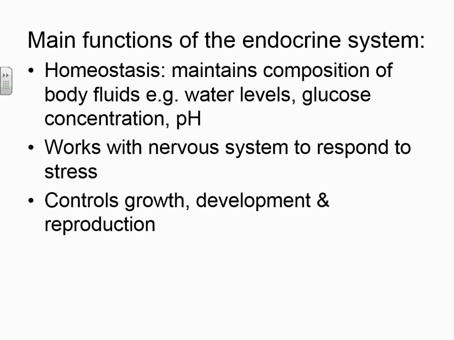Endocrine, what does the endo bit mean? Inside, yeah. Endo is inside, whereas exo is outside. Now, endocrine means that the glands that are involved in the endocrine system secrete internally into themselves or into the blood that's passing through them. They do not secrete substances out of themselves into channels or tubes.